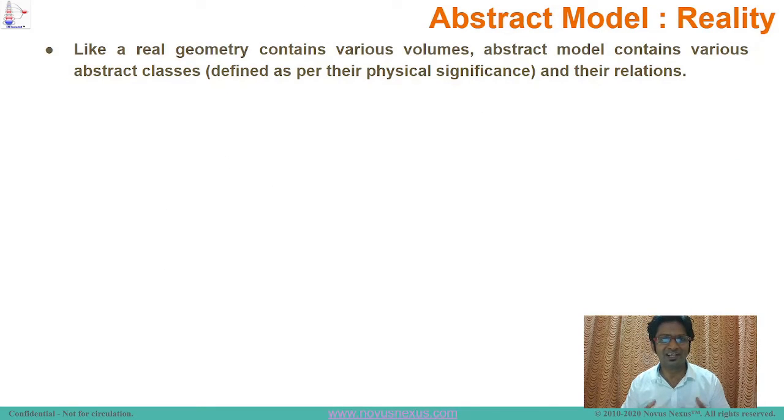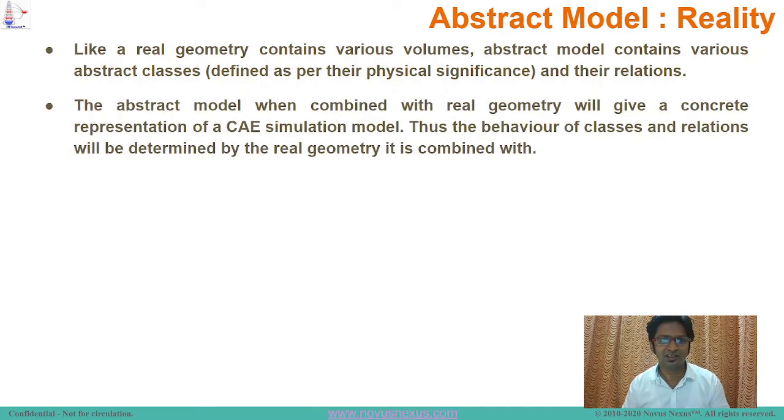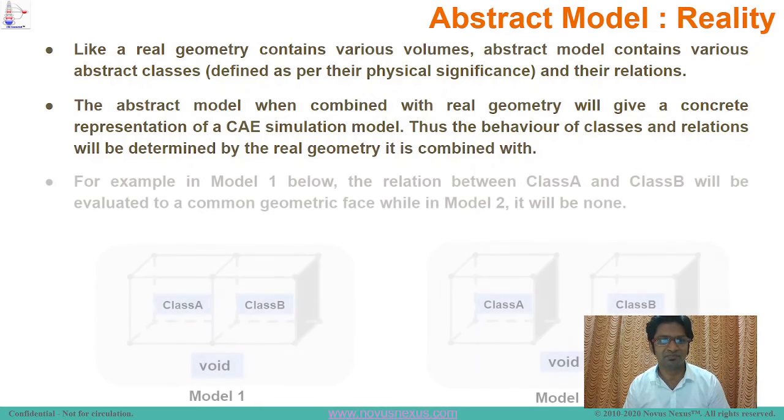Like real geometry contains various volumes, an abstract model also contains various abstract classes and their respective relations. When we combine those abstract models with real geometry, it will give a concrete representation of the CAE simulation model. Thus the behavior of classes and the relation will be determined by the real geometry which is combined with that abstract model.